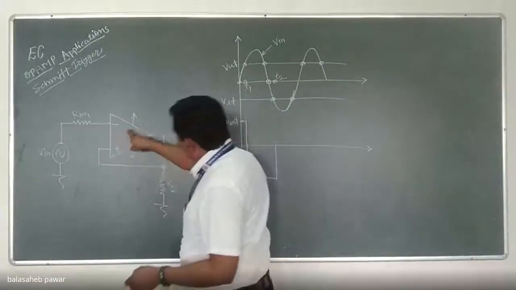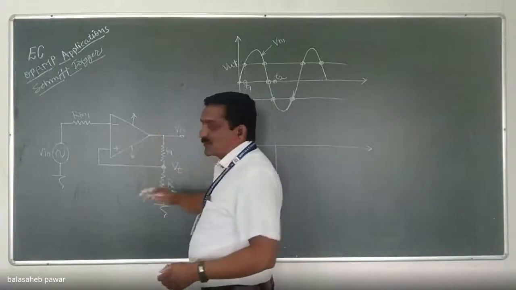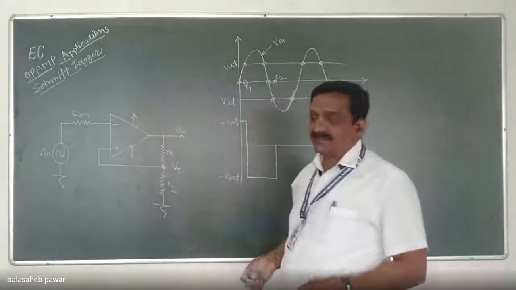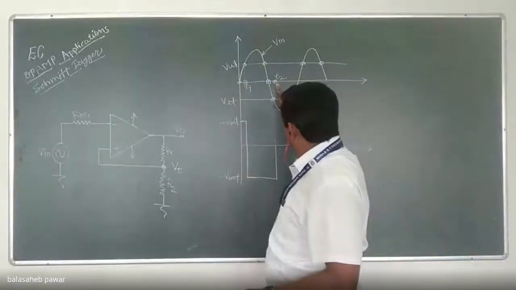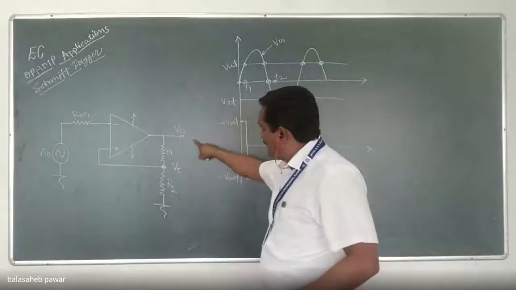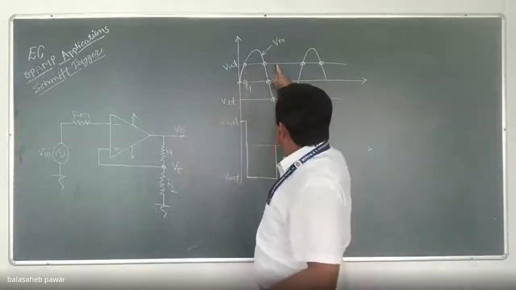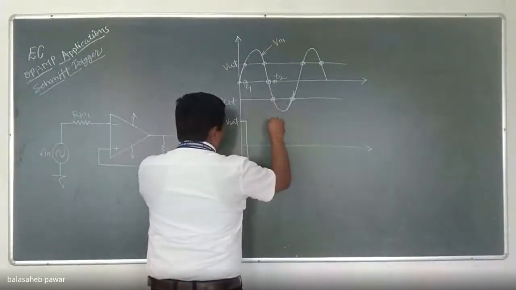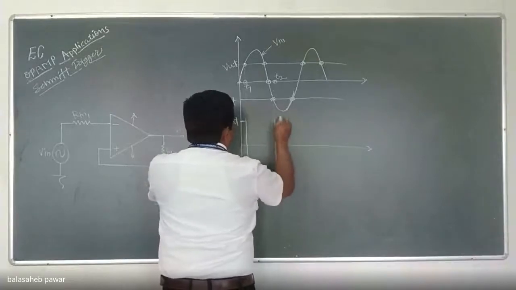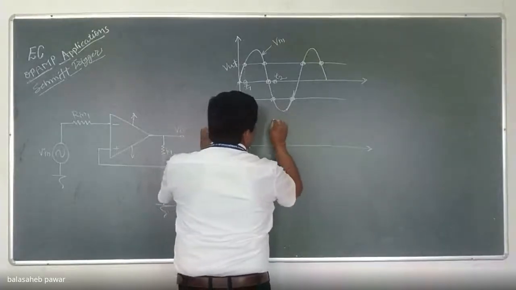And therefore, the output of this circuitry will get forced to plus Vsat because of this 0 Vt, right? At t equals T2. As it gets forced to plus Vsat, that Vt will become VUT again, this one. And therefore, the output of this circuitry will go to plus Vsat.